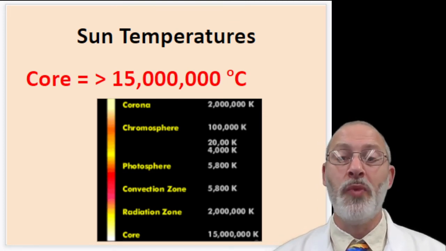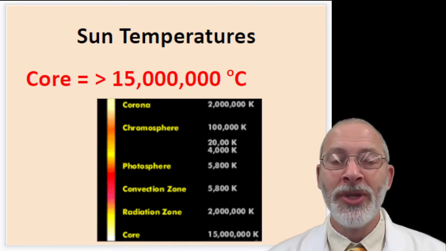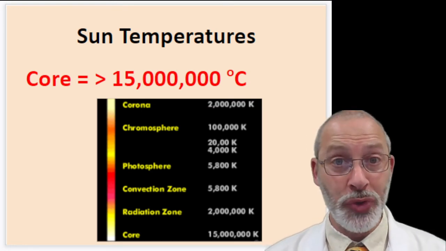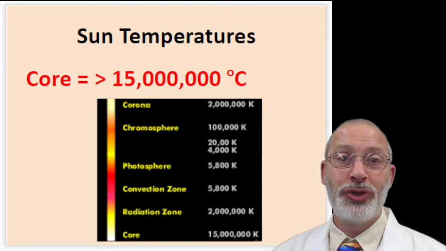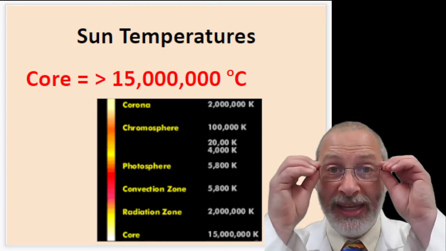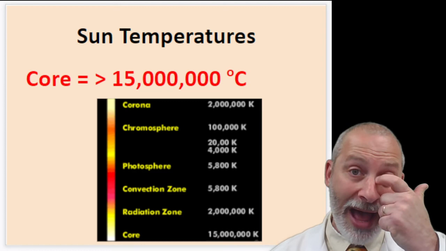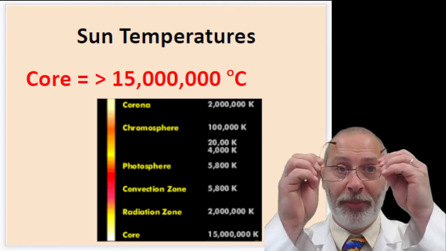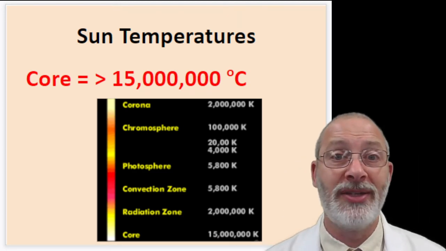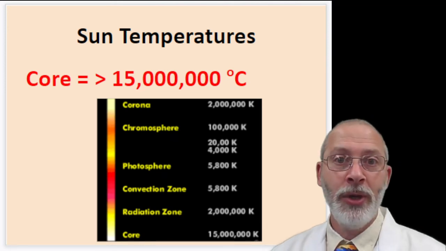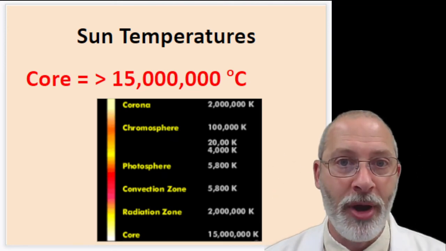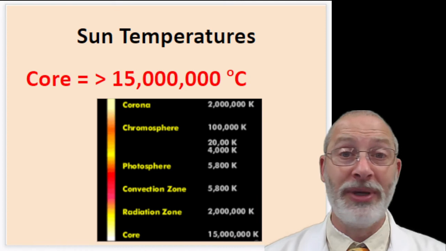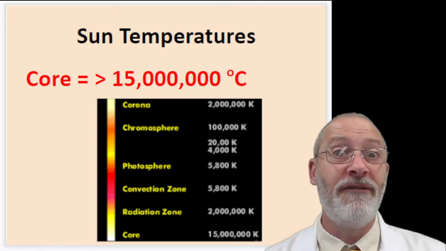We are currently working on ways to achieve nuclear fusion here on Earth to provide a clean form of nuclear power. Currently, the nuclear power we use is through a process called fission, where we take big atoms and split them apart. That requires energy too, but not nearly as much energy as fusion.